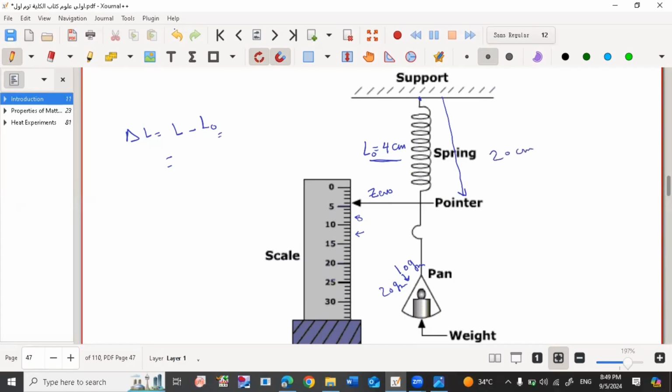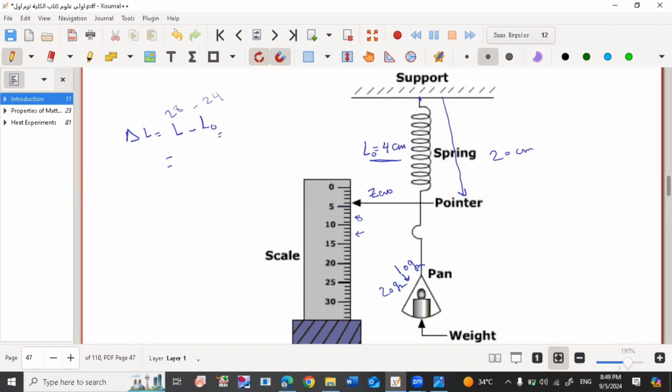This means this new L is 28, and L node means it was 20. No, it would be this 20 here, and here is 4, and this means this is 24. So maybe 28 minus 24.